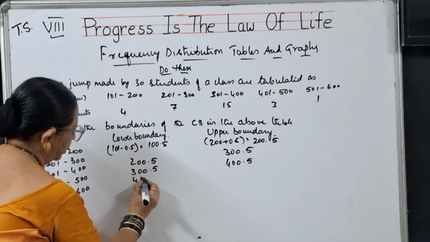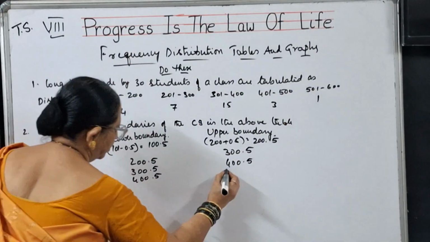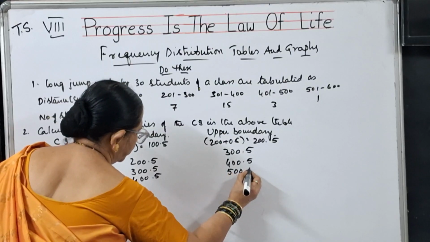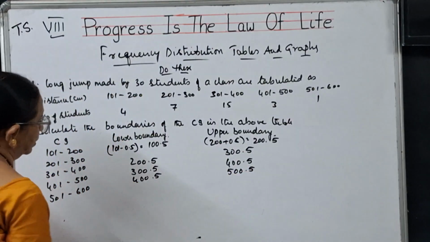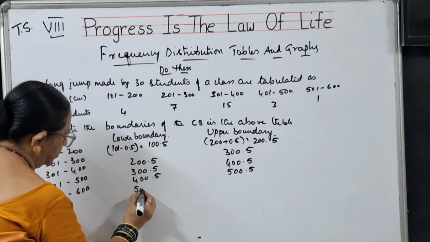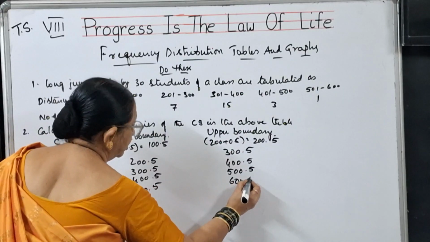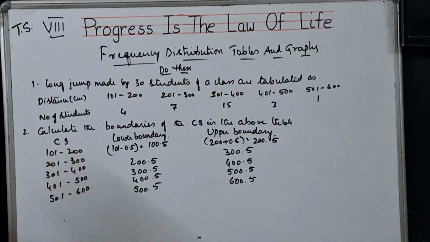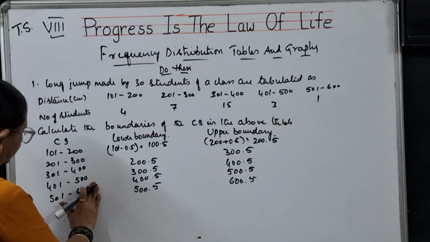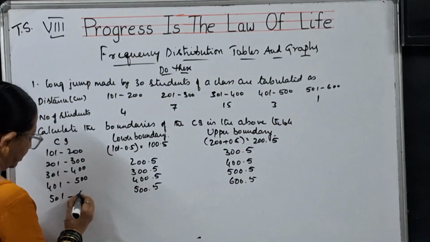Next, 400.5, 500.5, and 500.5 to 600.5. So these are the boundaries of the classes which are given to us.